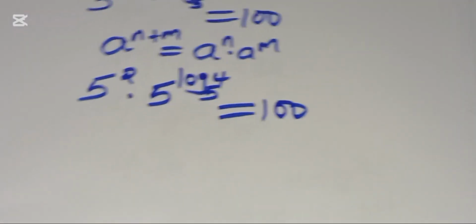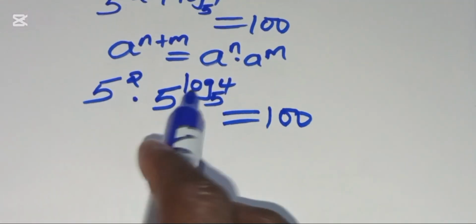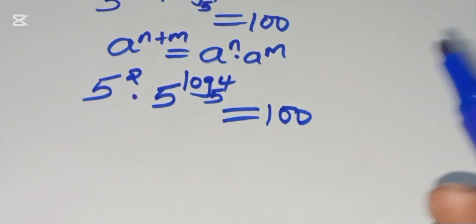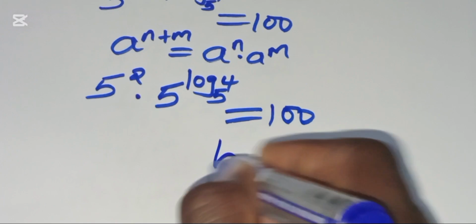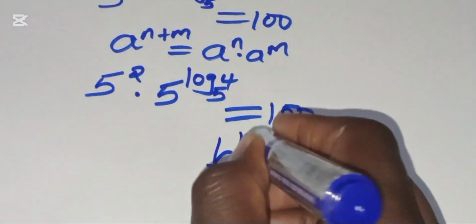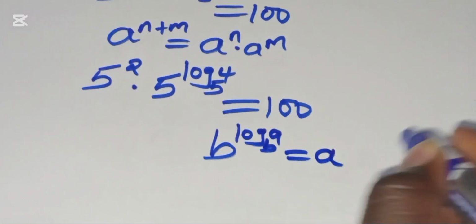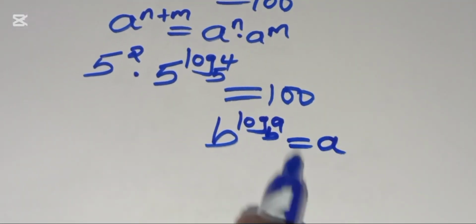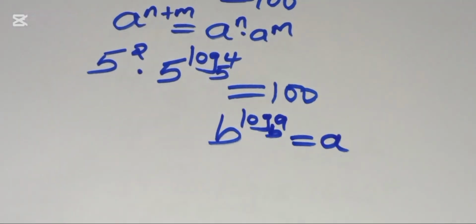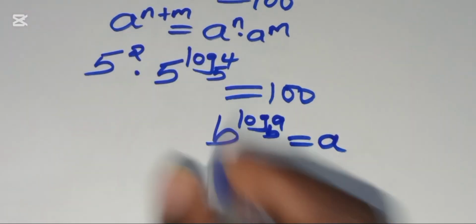Now as you can see, given that if you have b raised to power log a to base b, this is the same as a. This is going to give us a value of a. Just the same case here.